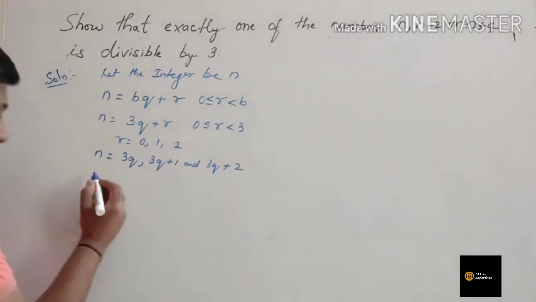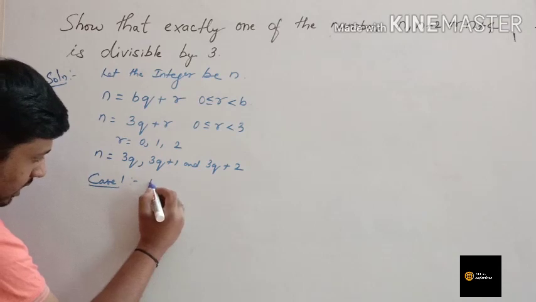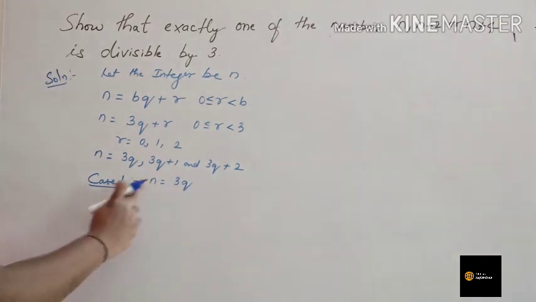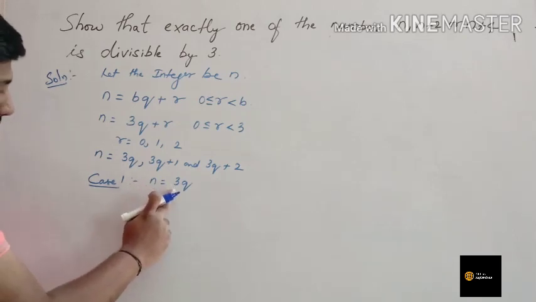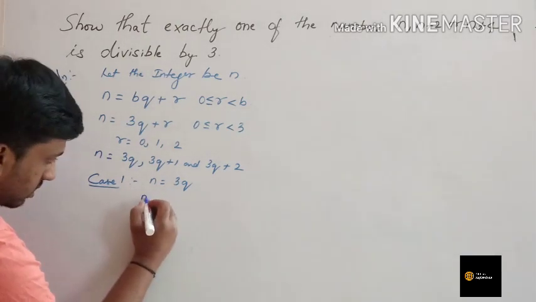So first let me consider case 1 when n is equal to 3q. See, if n is equal to 3q, then actually it is divisible by 3, right? This is divisible by 3. So n is divisible by 3, we can write like this.